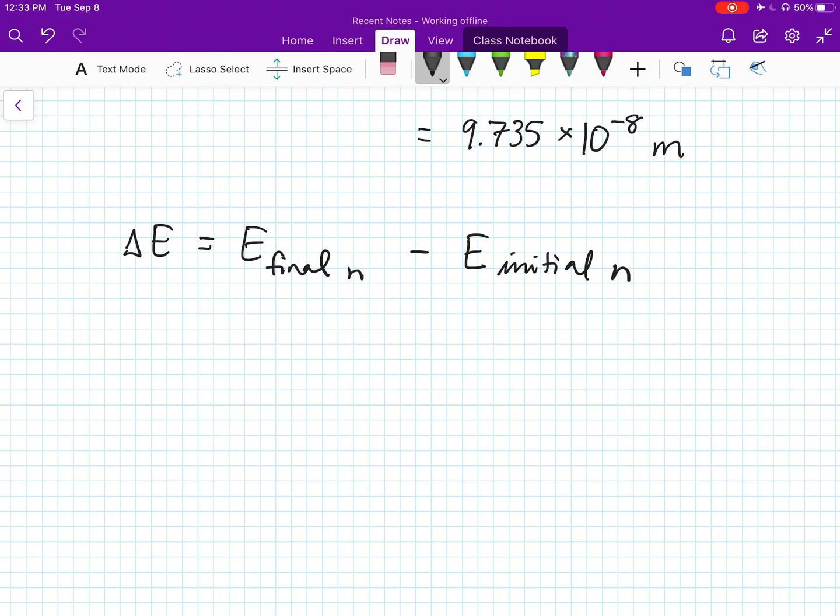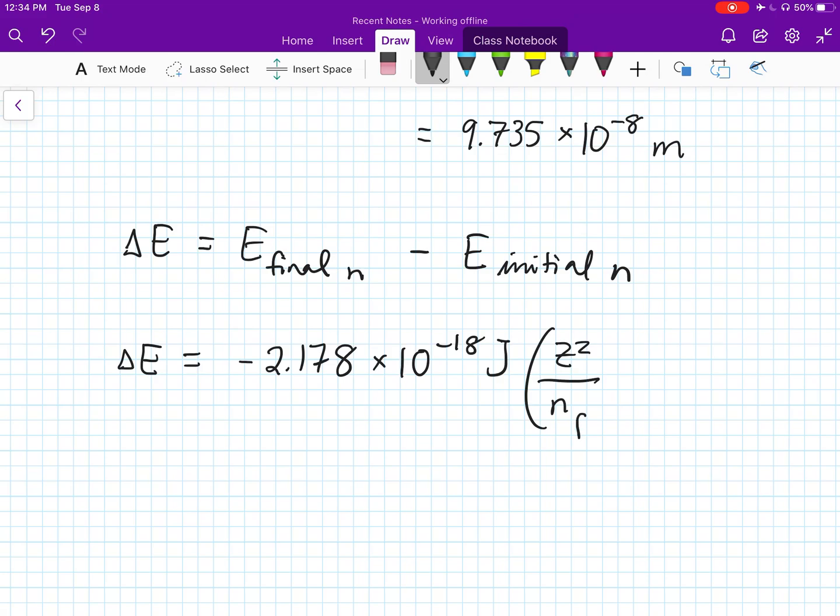The signs might be a little bit troublesome. So one other relationship you can use, just if you're looking at delta E and you're combining two energy levels, is you take that constant from that Bohr equation and you take the N of the final state minus that same term for the N of the initial state.